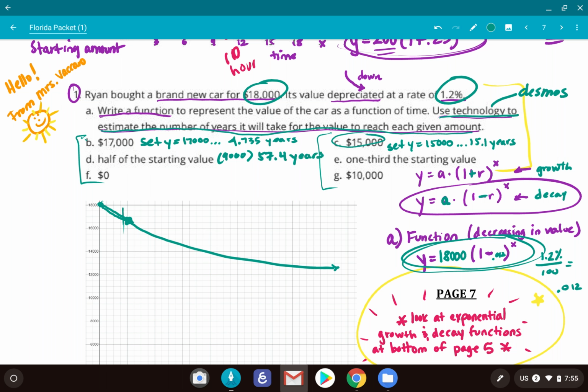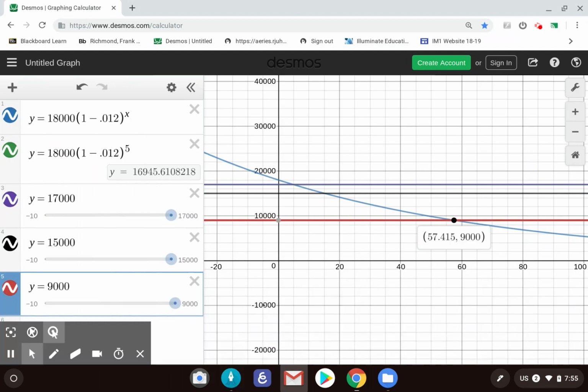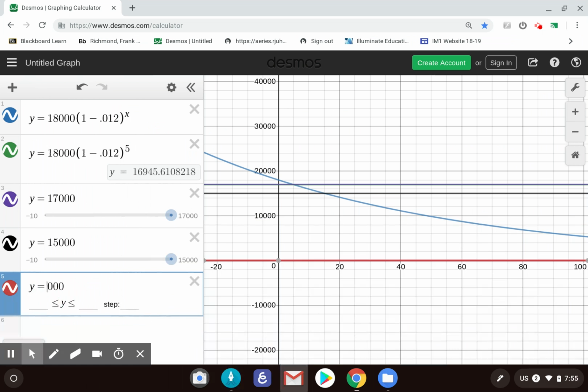A third of the starting value, that's going to be whatever a third of 18,000 is, which is 6,000. And we can figure out that is going to be, I'll just change this to 6. It's going to be worth a third of the value in 91 years.